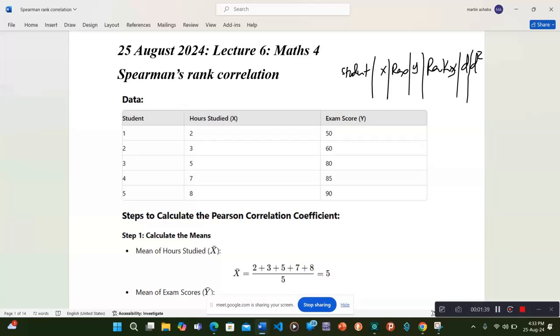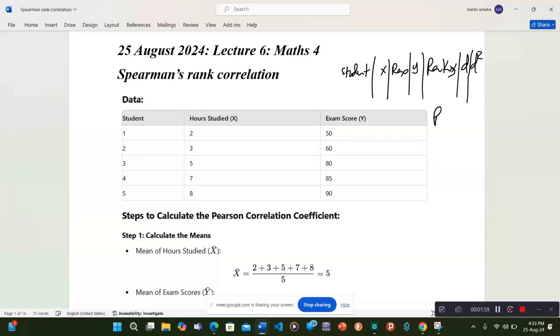It doesn't matter whether you get the rank of Y minus the rank of X or the rank of X minus the rank of Y. When you square, if there was a negative, that negative would vanish and you would still get the same answer as someone who did it the other way around.